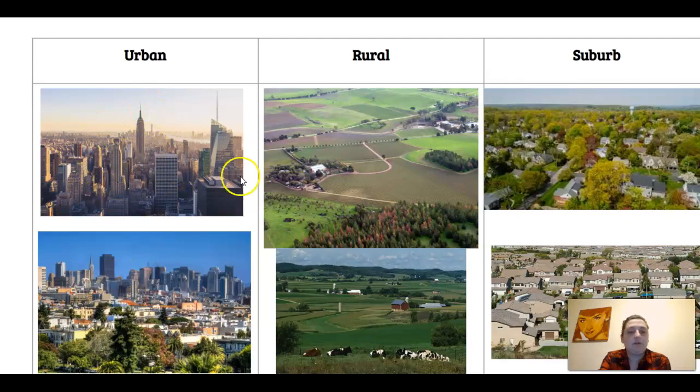Then you have rural, which is, you see down here the cows and the farms, and homes are not very close together. There's some decent amount of space in between the homes. And then over here you have the suburbs where it's just calm, it's lots of houses, it's quiet, there's not really any of the other two settings going on. It's like a neighborhood.